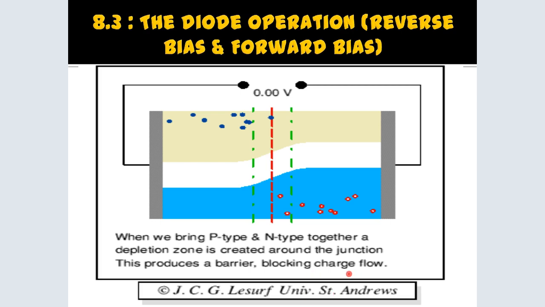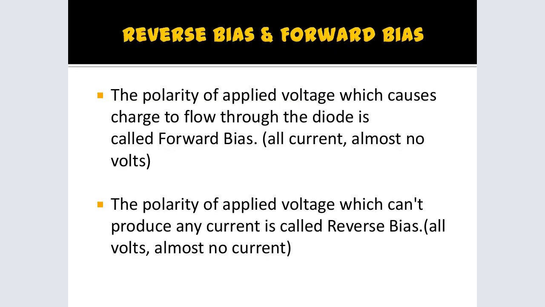So we've talked about this. So this biasing we are talking about is done by introducing an external voltage supply.